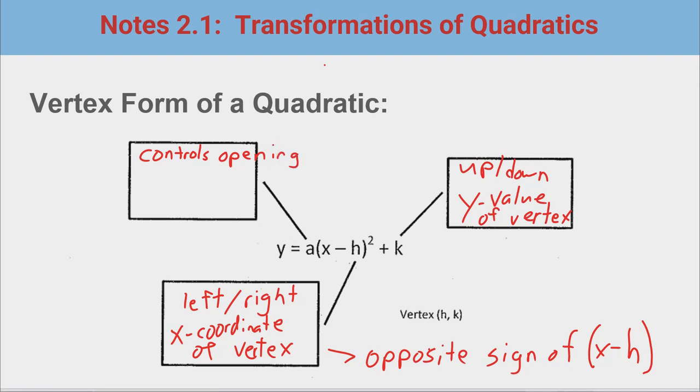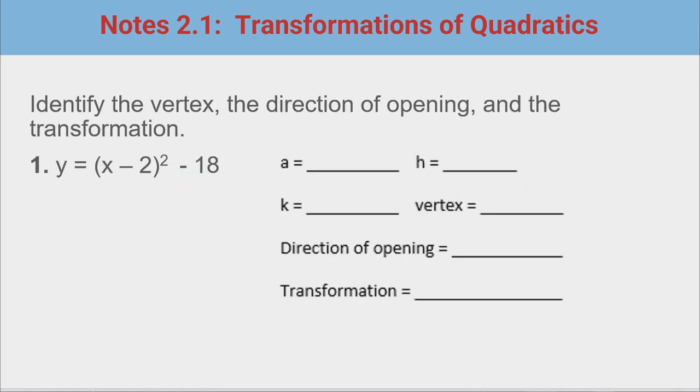Okay, so it controls if it opens up or down. And it controls the size of the opening. Okay, we'll look at that in a moment as well. It's basically going to control how quickly your data grows. So let's look at this in terms of some examples.